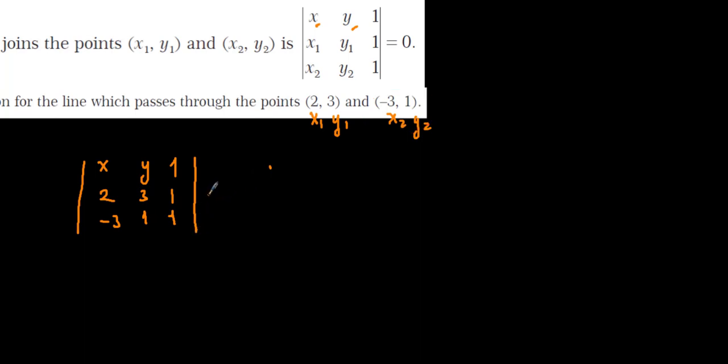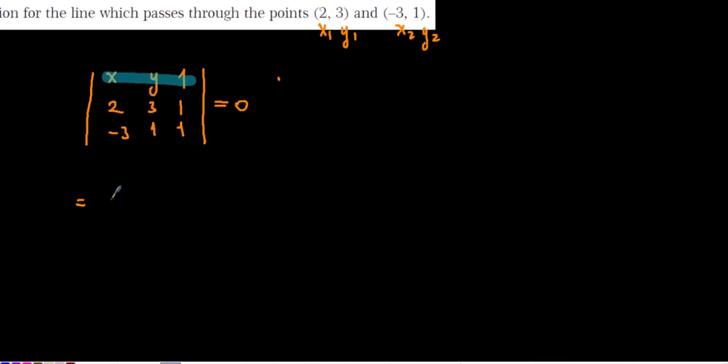So the determinant of this expression should be equal to 0, but let me find what the determinant of this expression is. First, I'm going to use the cofactor formula that we are using here. I'm going to use the rows. Then I say this is equal to x times minus 1 to the power of 1 plus 1 times the cofactor, the minor is 3, 1, 1, and 1.